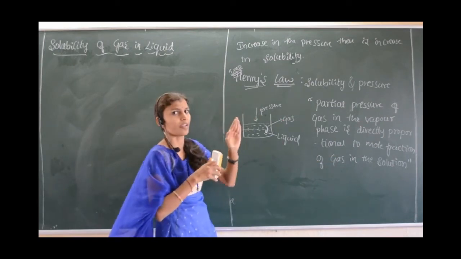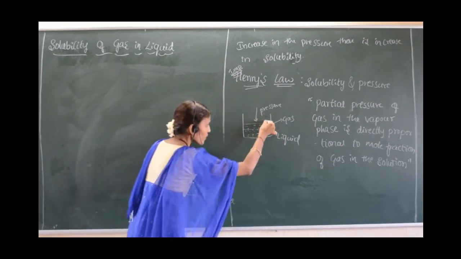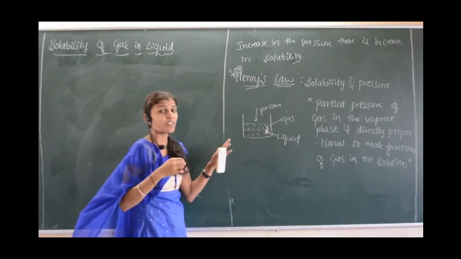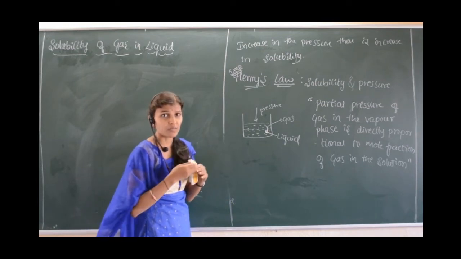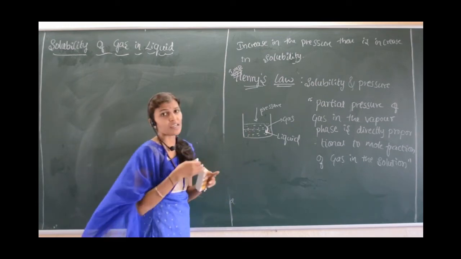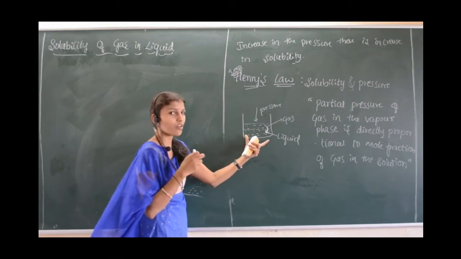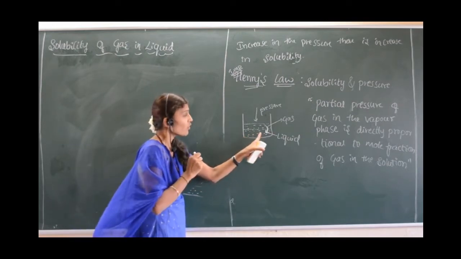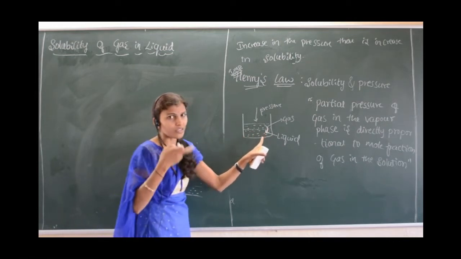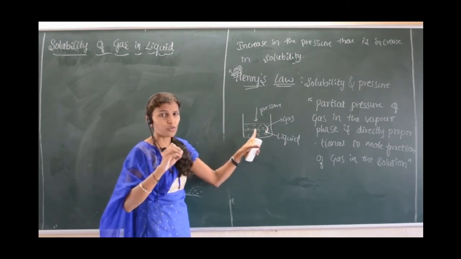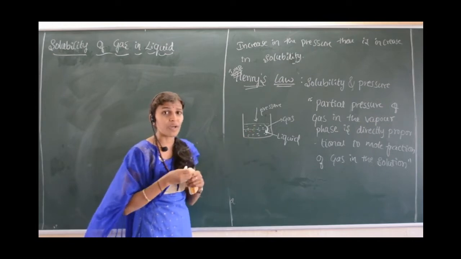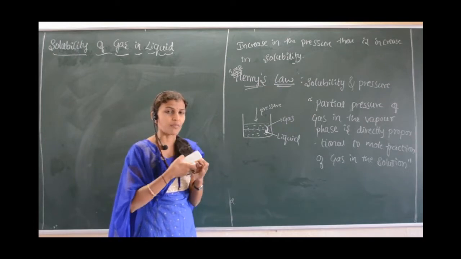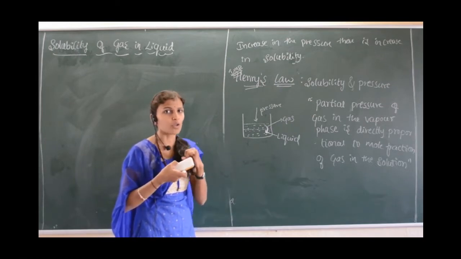See here, as the pressure is increasing, more gas is getting dissolved. It means the solubility is increasing. Solubility means the concentration, the maximum amount of the solute present in the solvent. So, the concentration is increasing. As you know, concentration is measured by many terms like mole fraction, mass by volume percentage, volume percentage.